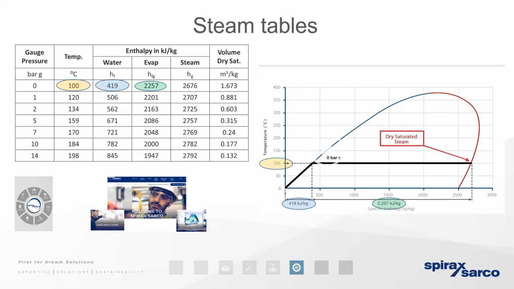So that means when steam gives up its heat energy and condenses, it gives up its latent heat. That liquid condensate, the byproduct of heat exchange, if you like, still retains 419 kilojoules of energy. That's the sensible heat. So the energy in the condensate, that sensible heat, cannot be used in the vast majority of heat transfer applications.